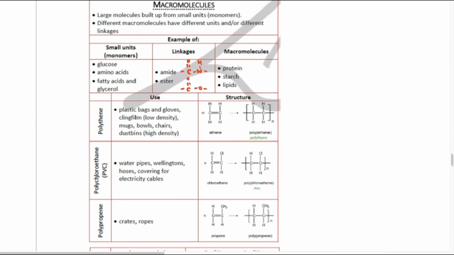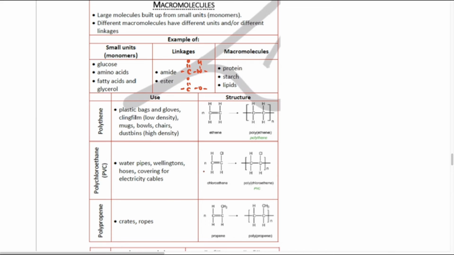Okay, so polychloroethene, PVC. Water pipes, Wellingtons, hoses, coverings for electricity cable. Okay, so the insulator coverings are made of PVC.